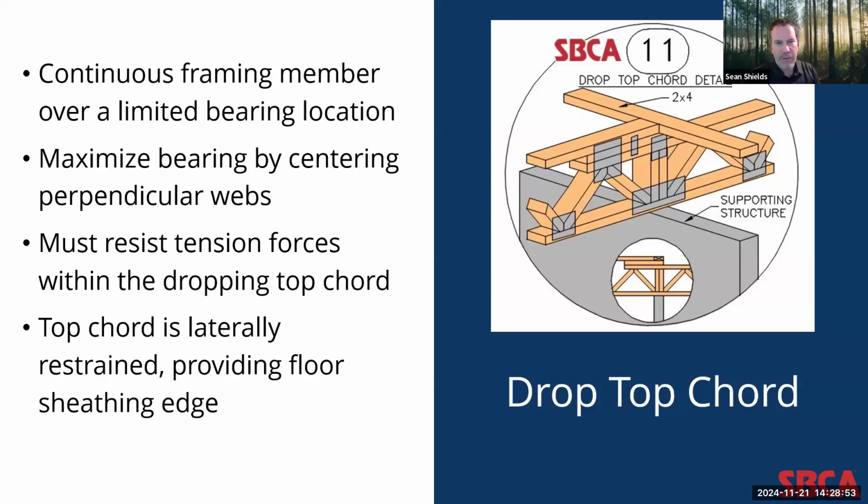If you look at the plan view, it's a little bit more clear how those forces are being transferred between the higher top chord and the bottom chord using that middle section. If that framing wasn't done that way, this truss, because of the tension forces, would want to pull apart along the top chord over the supporting structure.